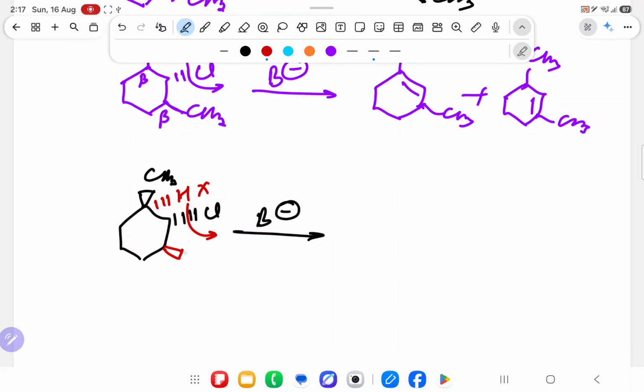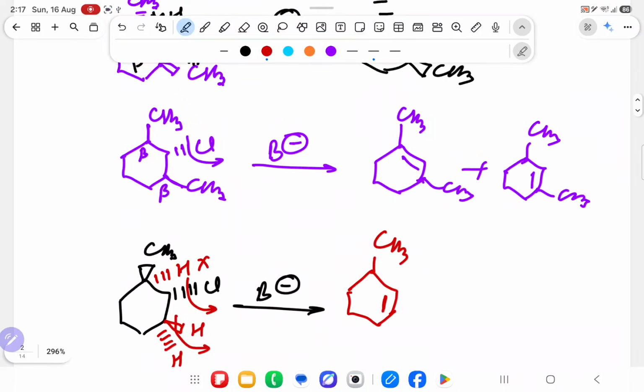Over here nothing is given, so consider that this hydrogen will go. It means one hydrogen over here is on the base, one hydrogen over here is on the dash. This hydrogen you will remove, and you will get the product over here with CH3. Cl will go, the double bond coming here. If not mentioned, then remove it. If especially mentioned, then check. If Cl is going from the dash, then the hydrogen will go from the base. If Cl is going from the base, the hydrogen will go from the dash.